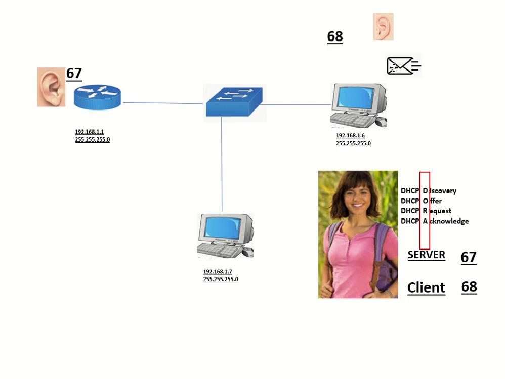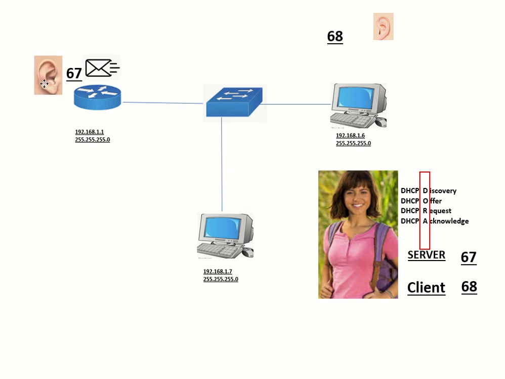So this message, when it comes from the DHCP client, is going to be sent out with the source port being port 68 and the destination port being port 67. So it comes out from port 68 of the client, and it goes to port 67 of the server.